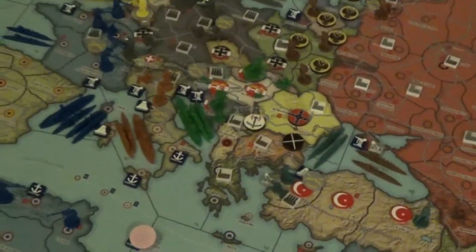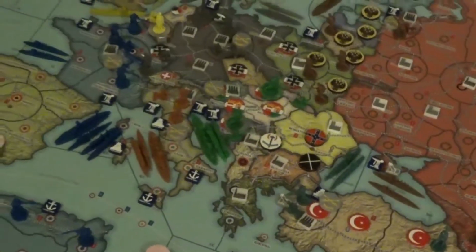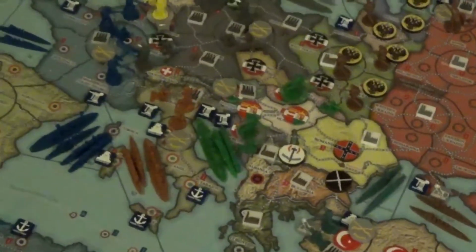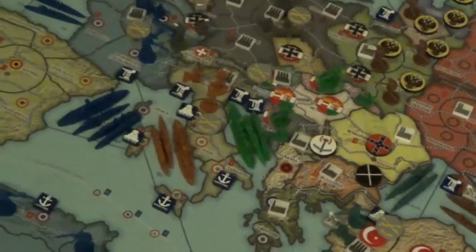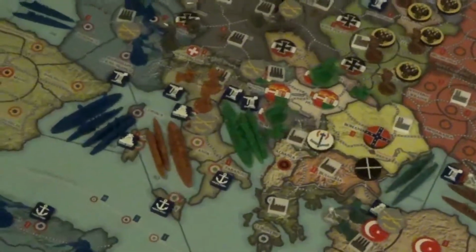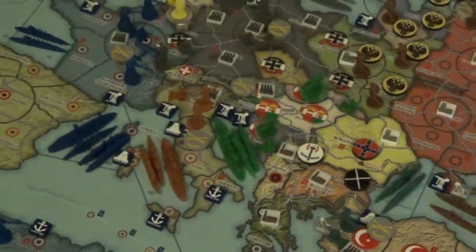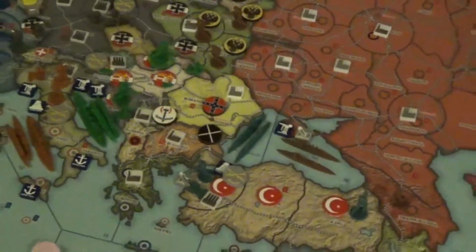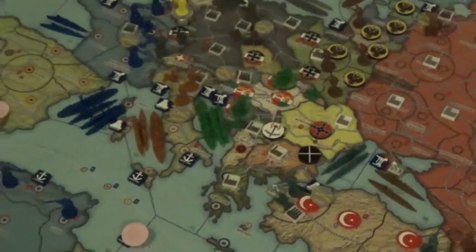If something new comes up, we'll just explain it in the actual turn, as there's like 4 pages of special rules specifically for this scenario, so I won't bore you with that.